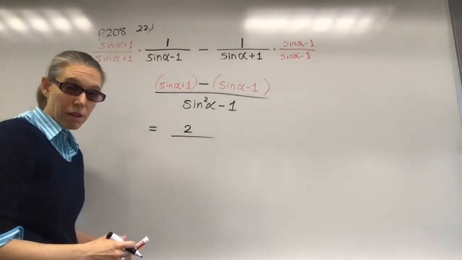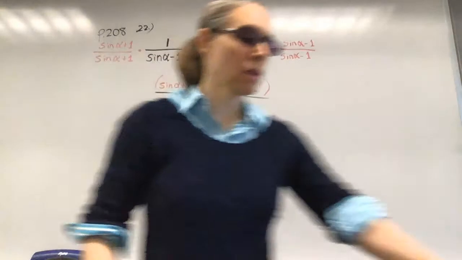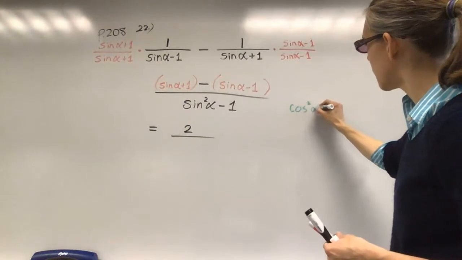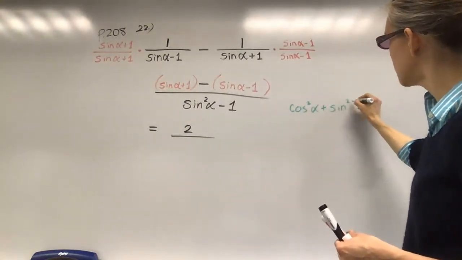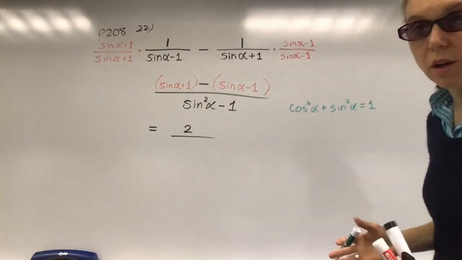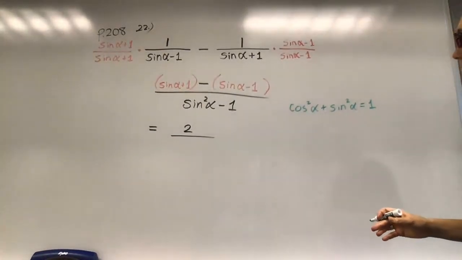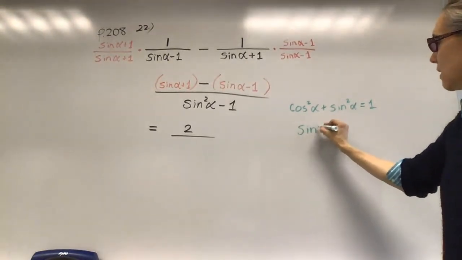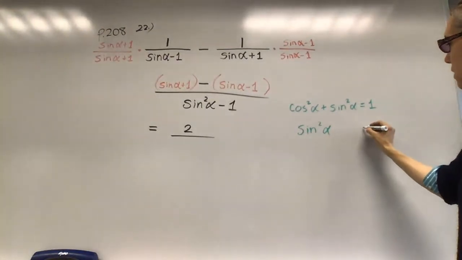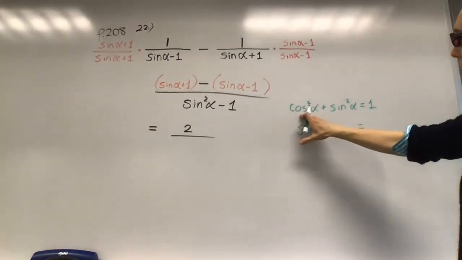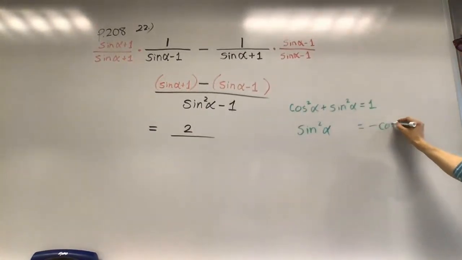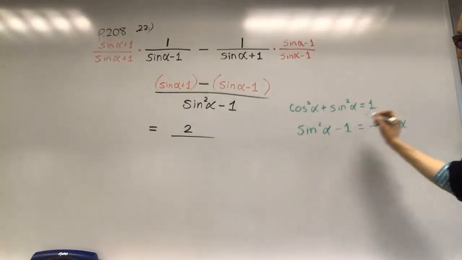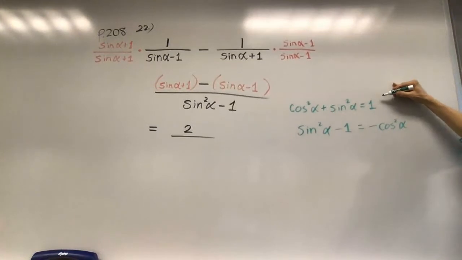And for my denominator, remember this, that one of our identities is that cosine squared plus sine squared is equal to 1. So what happens if we get sine squared alpha on one side, we move the cosine squared to the other side, and then this 1 we move to the left, I can rewrite this identity here in this form.